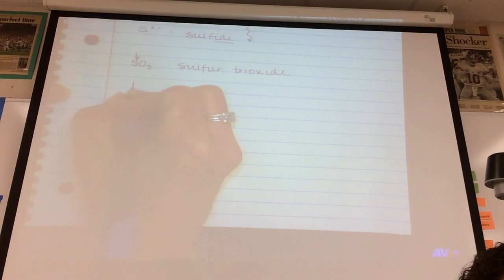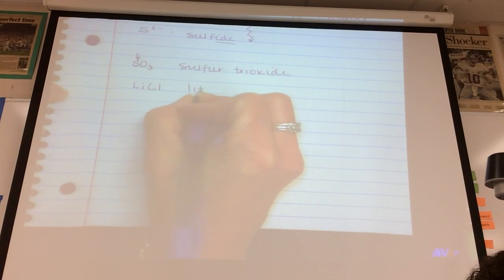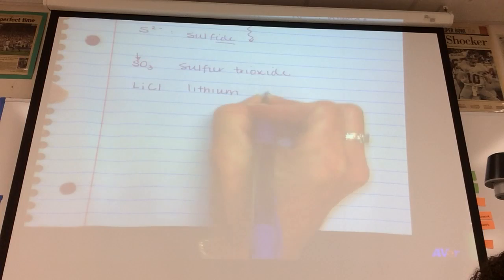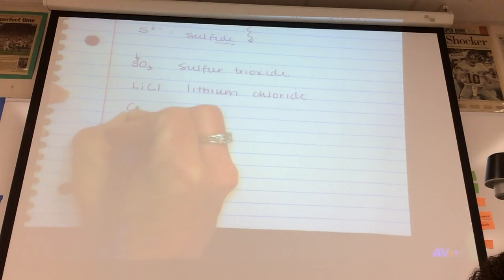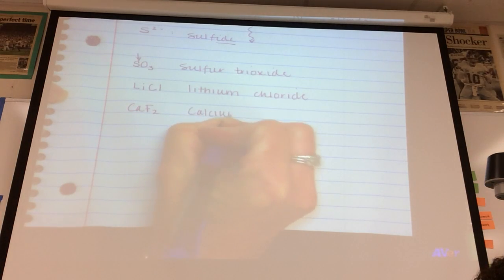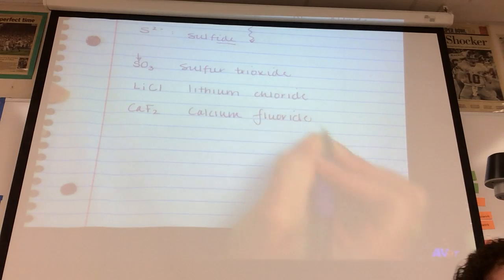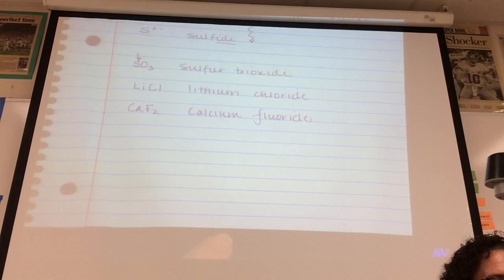So for example, lithium chloride. Calcium fluoride. Remember, you don't typically use prefixes with ionic compounds unless the prefix is part of the polyatomic. So that's something I think you're going to need to review, and we can hit that next time.